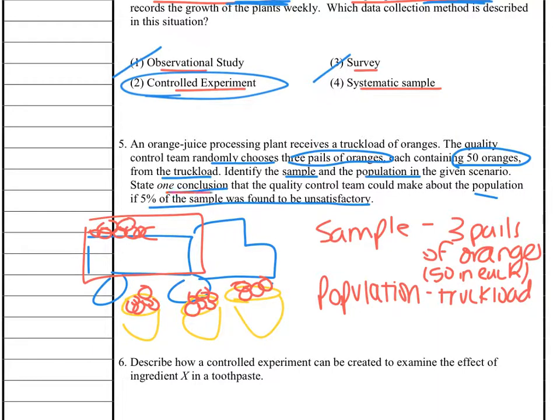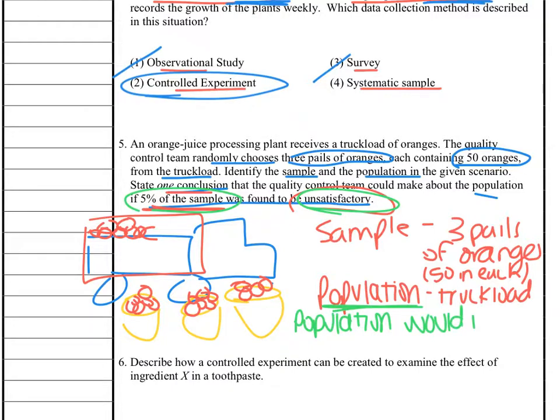And then to state one conclusion, well, if 5% of our sample was found to be unsatisfactory, meaning poor or bad, then our population must also have 5% that is unsatisfactory. So we can state that the population would likely also have 5% to be unsatisfactory.